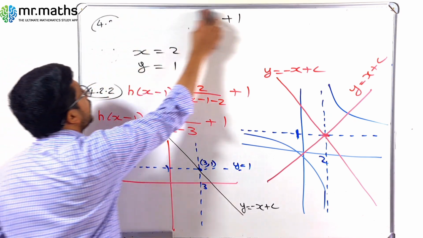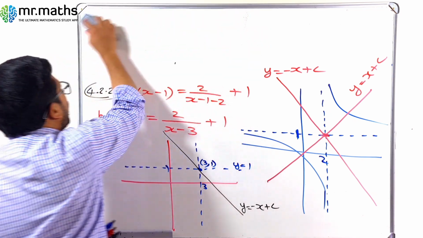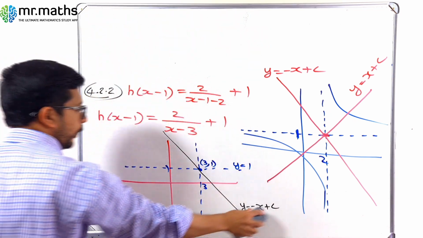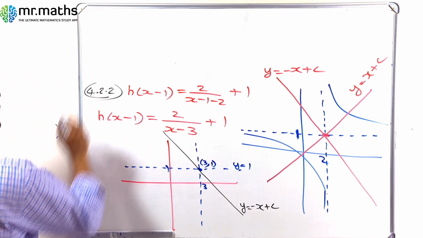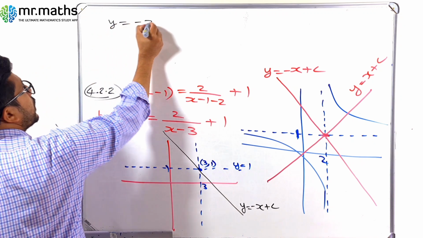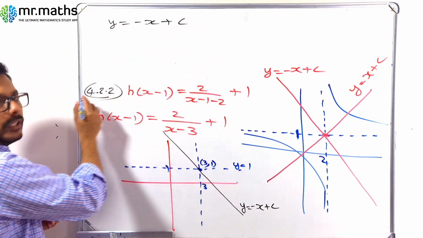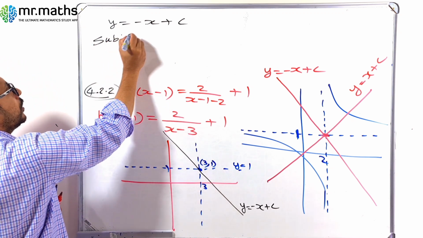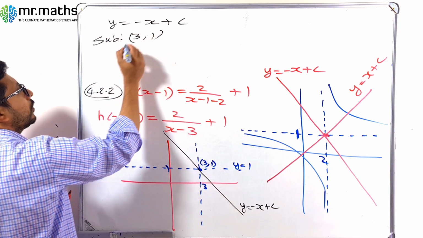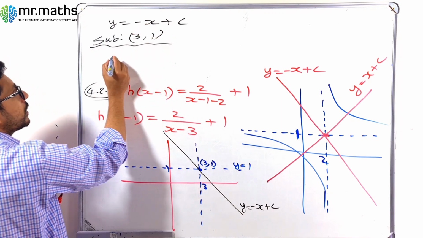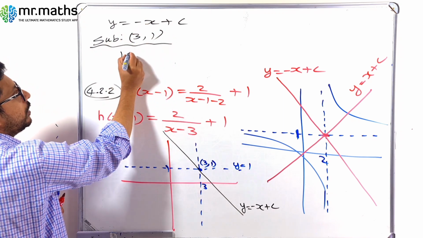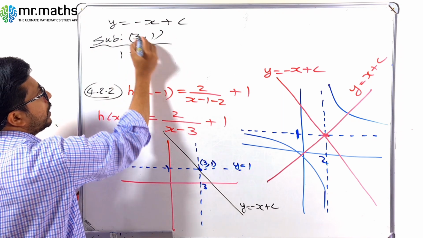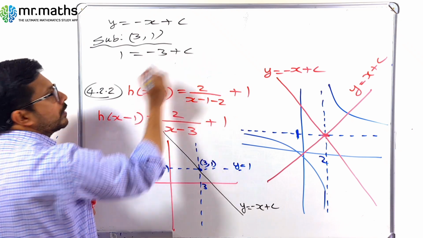Our general equation is y is equal to minus x plus c. We can substitute this point 3 comma 1. So y, that is 1, is equal to minus 3 plus c.